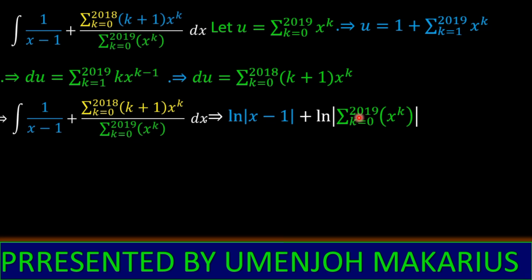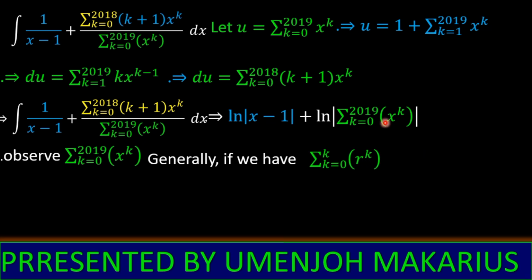geometric sum. Namely, we are going to observe this series to be the general form of the geometric series, whose general form can be given as the series as k goes from 0 to k of r raised to the power k, where in this case our r is the common ratio. And guys, this is a geometric progression series which can either diverge or converge.